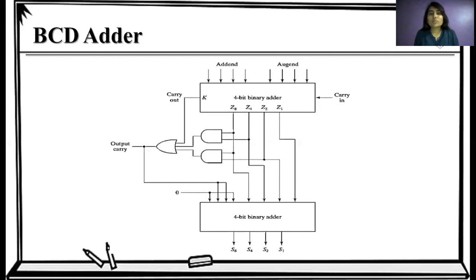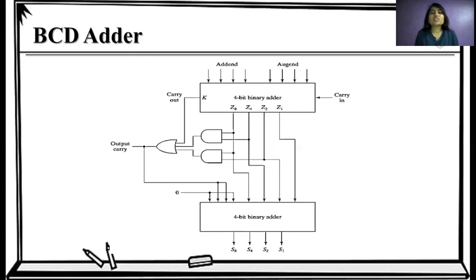Then we have the BCD adder equation: C = K + Z8Z4 + Z8Z2. Now why Z8Z4? A BCD number greater than 9 is invalid. For an invalid number we have two conditions: if 8 and 4 are both 1, then 8 plus 4 is 12, so a number with weights 8 and 4 is invalid.